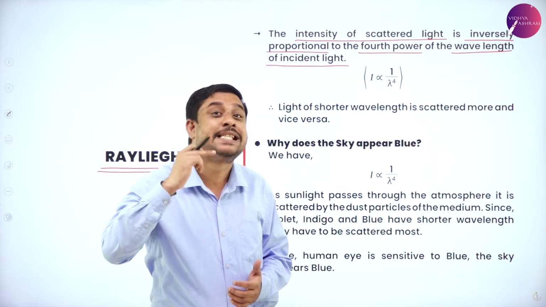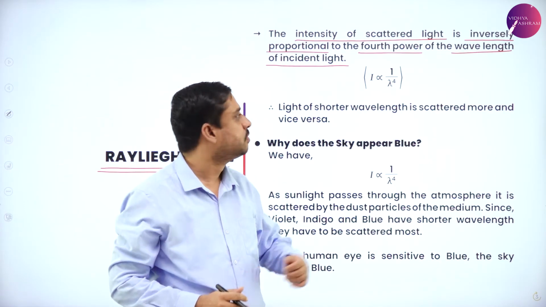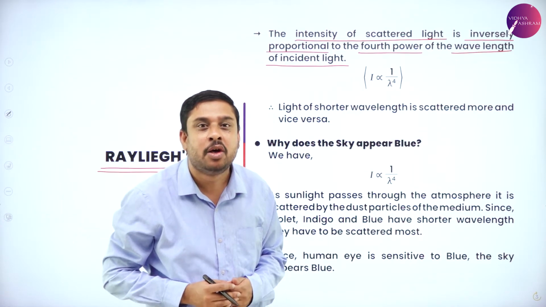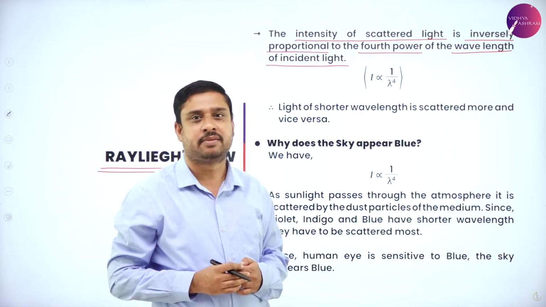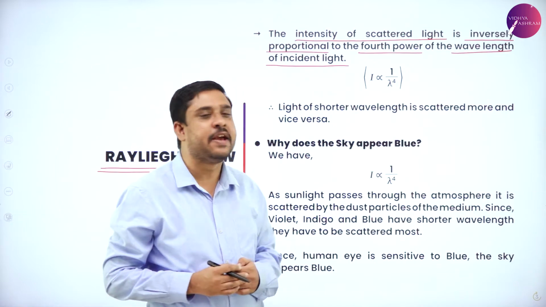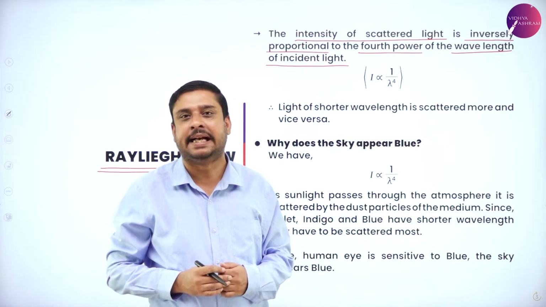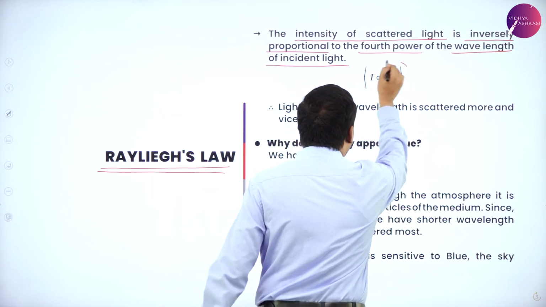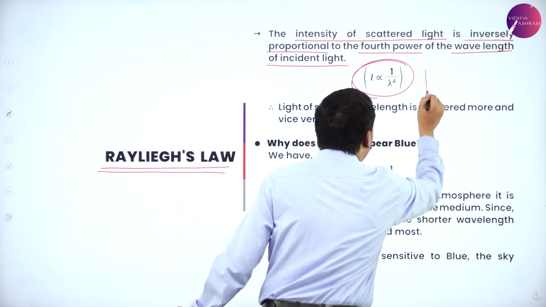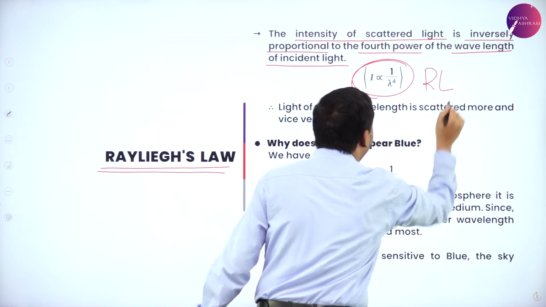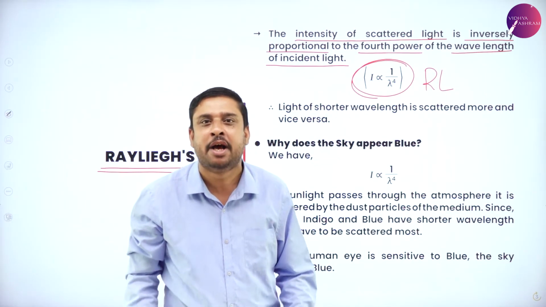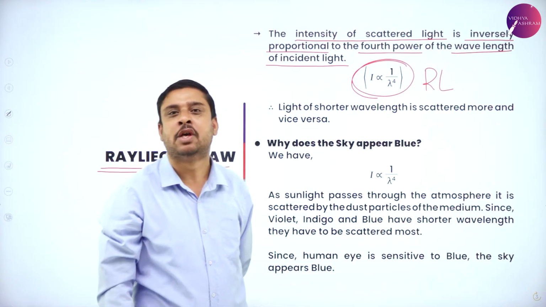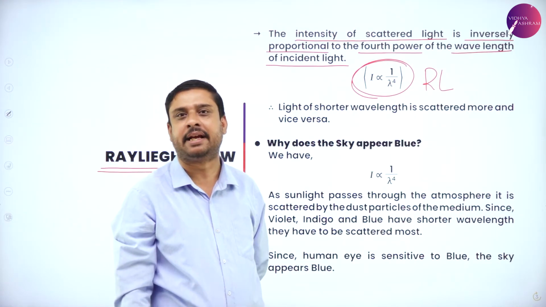So we say I is proportional to 1 by lambda to the power 4, very much established as Rayleigh's Law of scattering.